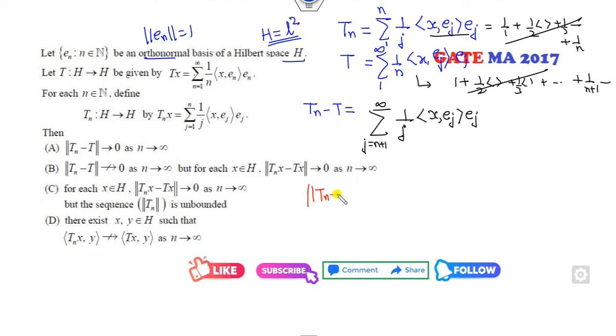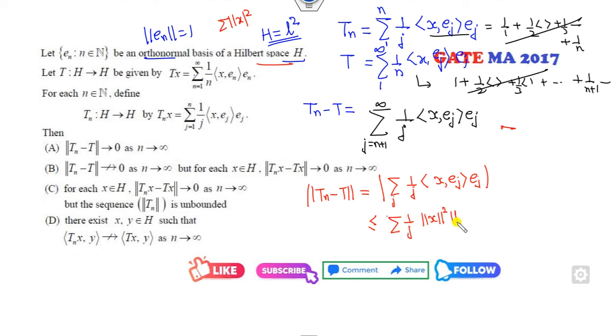Now let's start with this. It will be the summation of 1 over j of x comma ej times ej. Now on the L2 norm, what is the norm of this? I can write this using the Cauchy-Schwarz inequality. Since this summation is over j, I can write 1 over j times norm of x square, norm of ej square, and we know this value is 1.